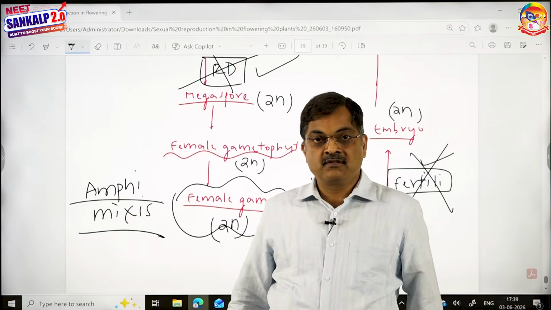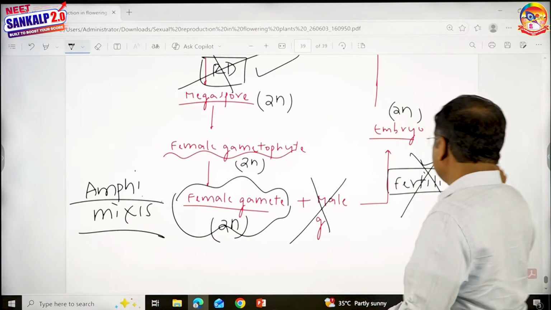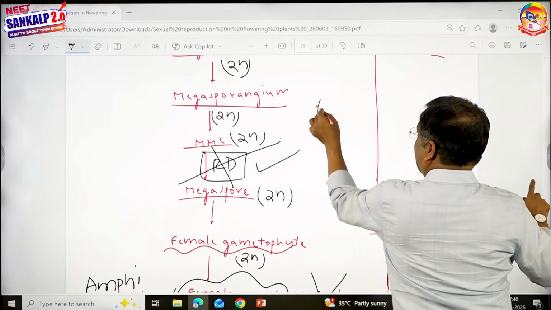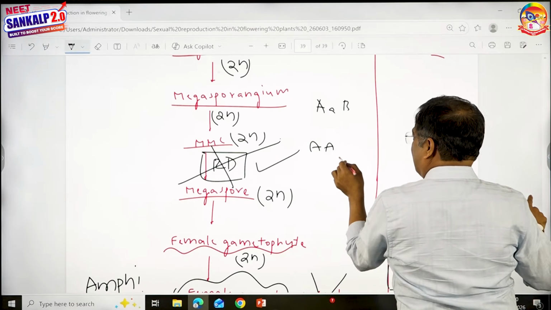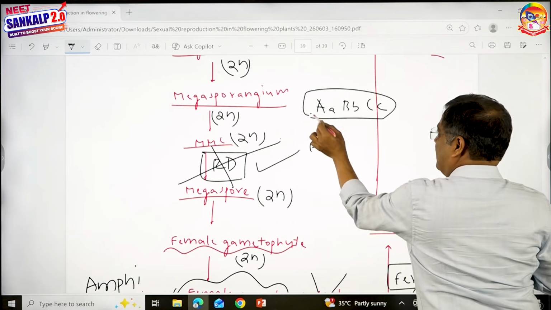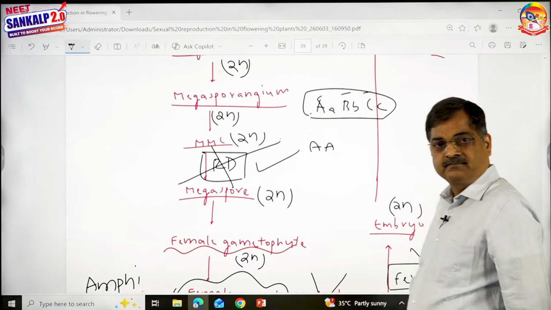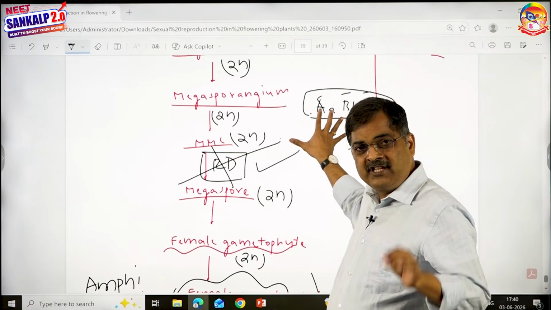No variations. Children, if I am getting a plant with all the desirable characters, imagine this is A, this is B, and this is a plant which is desirable. It has all the dominant alleles. Now, I want the same plant, the same replica.